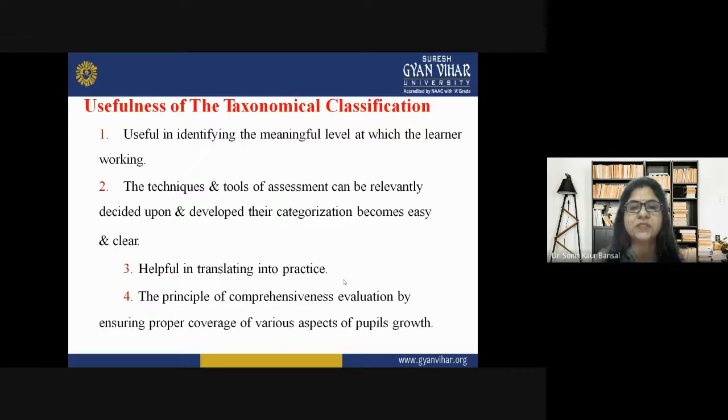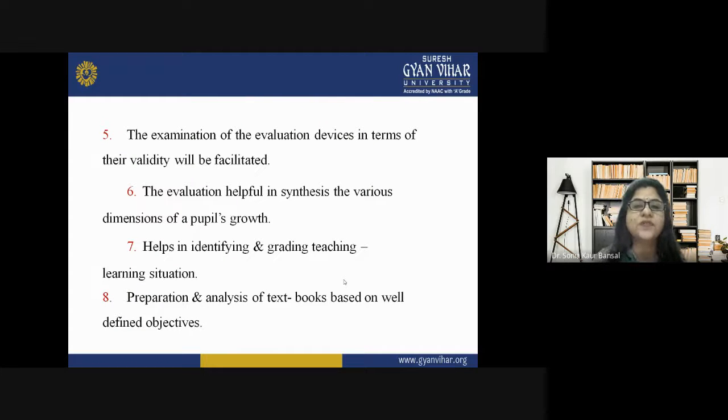The examination of the evaluation devices in terms of their validity will be facilitated. The evaluation is helpful in synthesis of the various dimensions of the pupil's growth, and helps in identifying and grading teaching-learning situations, and in preparation and analysis of textbooks based on well-defined objectives.